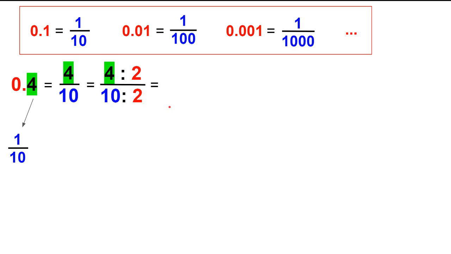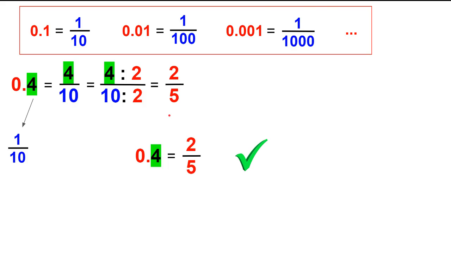The simplified version is 2 over 5. Divide the 4 by 2 and the 10 by 2. This is the simplified version. This is what you are expected to provide when someone asks you to convert a decimal to a fraction. Although 2 over 5 equals 4 over 10, the simplified version is the one that you need, simplified fraction. So 0.4 is 2 over 5.